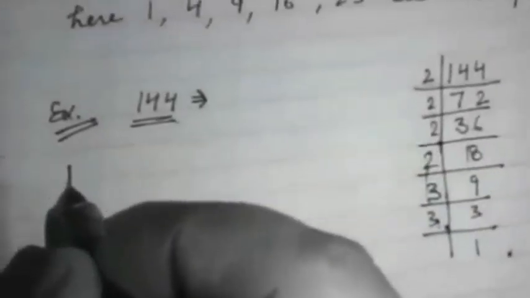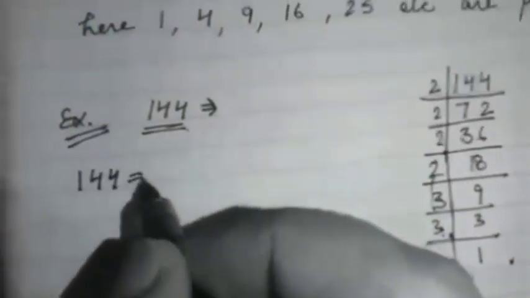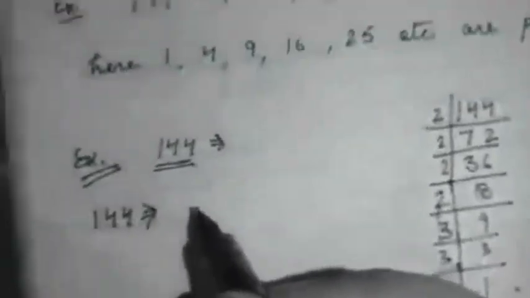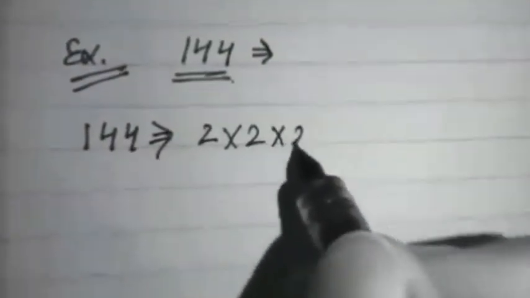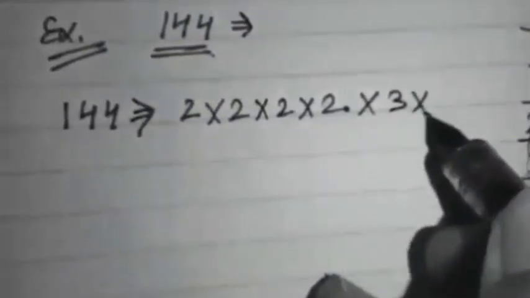In prime factorization, as you know, we are allowed to use only prime numbers. We cannot use 4 directly here, we cannot use 9 directly here. We have to use all the prime factors. So now what numbers will we get? We will write them as 2 into 2 into 2 into 2 into 3 into 3.